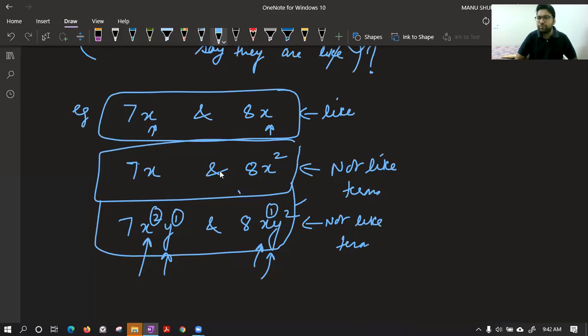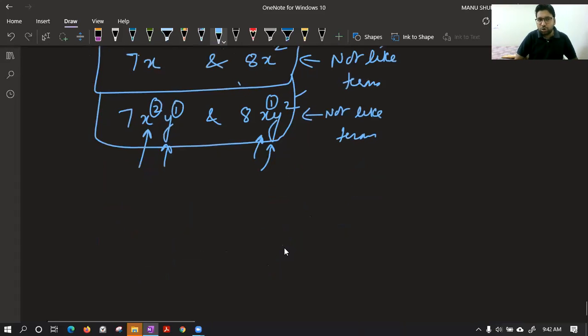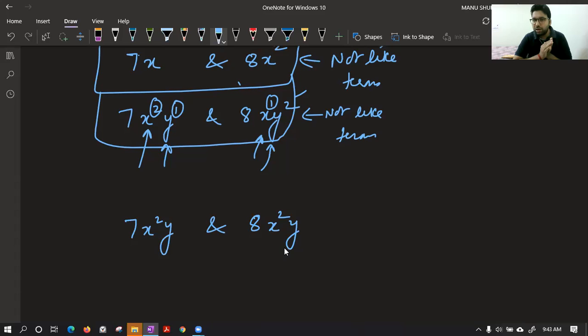You cannot add unlike terms, simple, as we have done with fractions. If the question was 7x square y and 8x square y, are these like terms or not? Please tell. Yes, these are like terms because you have the same variables and the power is also the same.